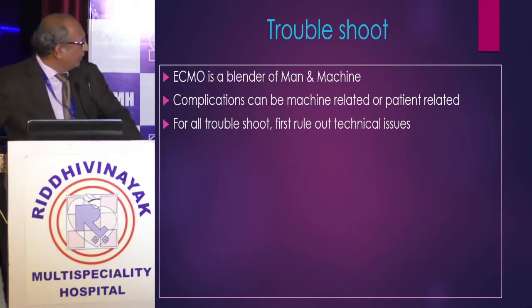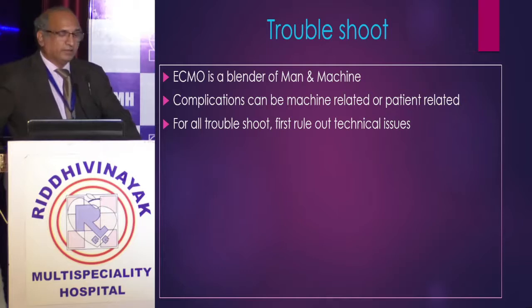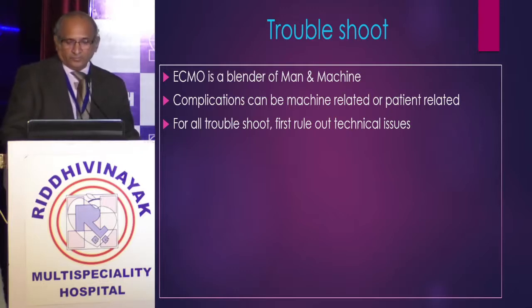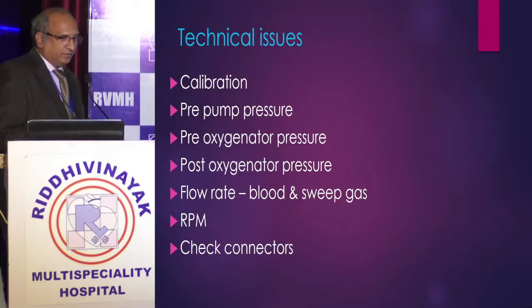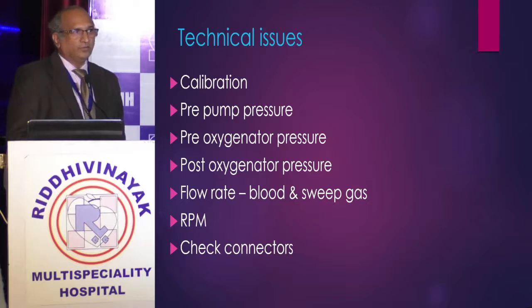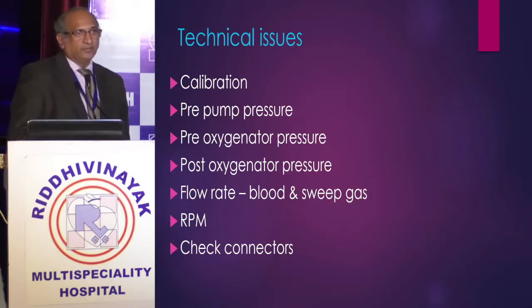ECMO is a blend of man and machine, so both the patient as well as the machine can give you problems, and machine related complications we have already discussed. I always tell that whenever there is any problem, the first thing you should always think about is the machine related and technical issues, because that is easy to diagnose, and at the same time it is easy to cure.